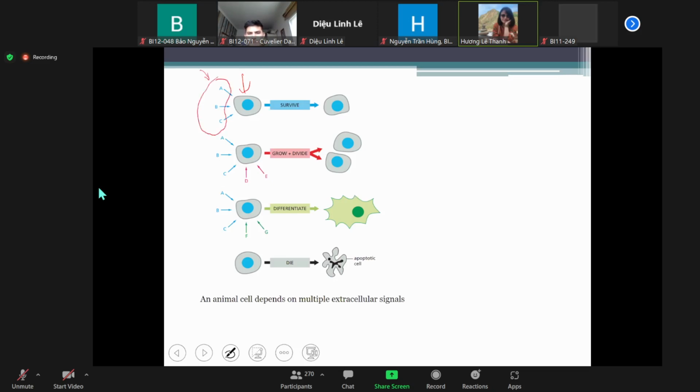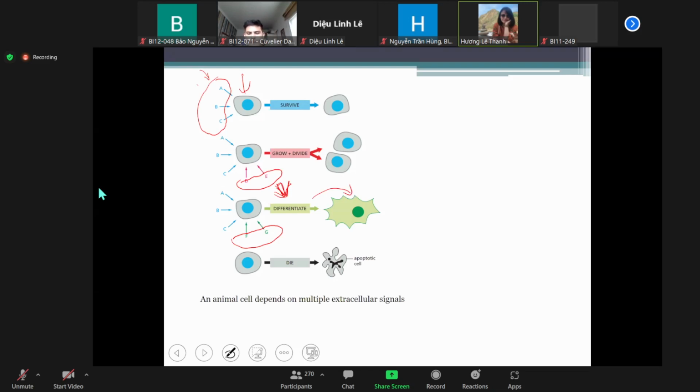If they receive A, B, and C ligands, they know, okay, I need to survive. And if they receive the ligands D and E, they know, okay, I received a signal that I need to grow, become bigger, and also divide. And what if they receive another type of signal that makes them differentiate into a working type of cell.